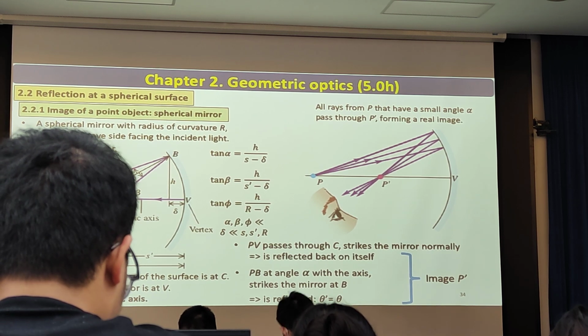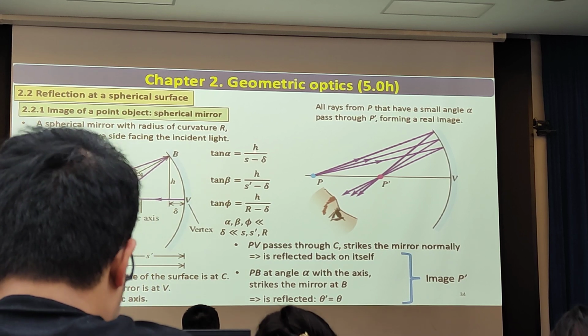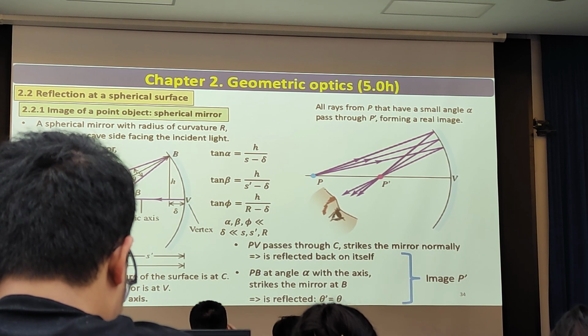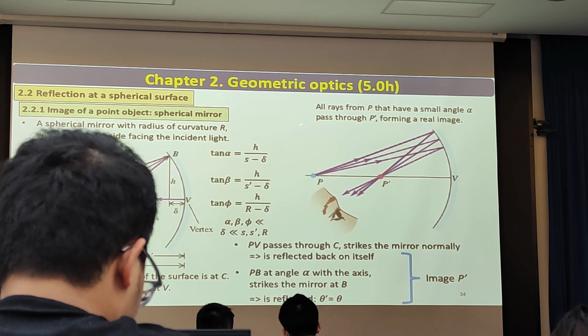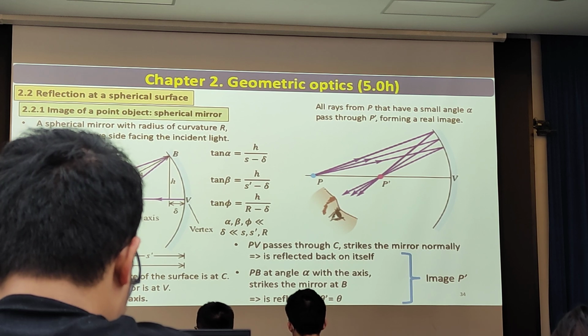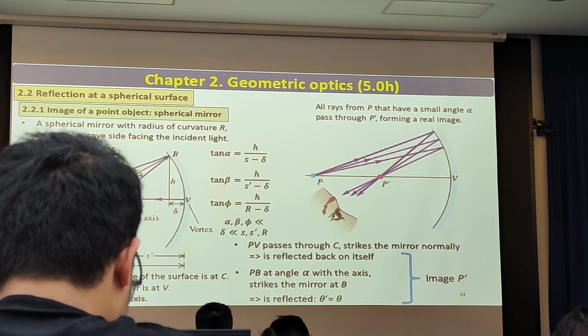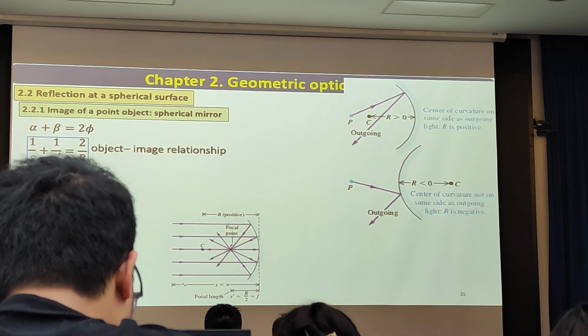So alpha, beta, phi will approximate to h over s, h over s prime, and h over R, if delta is very small. And then coming back to this relation, we will have this one.